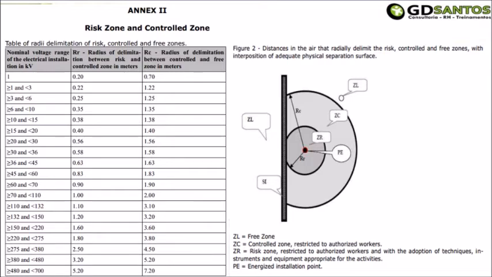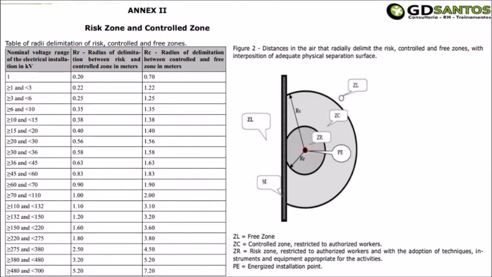for an installation lower than 1 kilovolt, there is a radius of the limitation between risk and control zone, which is approximately 20 centimeters.